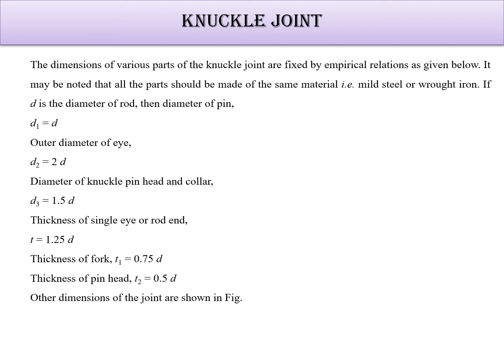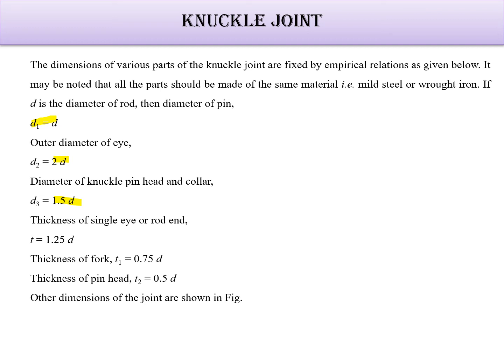Just remember these terms in this way: d1 is equal to 1 times d, then double the diameter, d2 is equal to 2 times d, d3 is 1.5 times d, a decrease by 0.5. First take 1, then 2, then reduce by 0.5, then reduce by 0.25 for the thickness of a single eye.